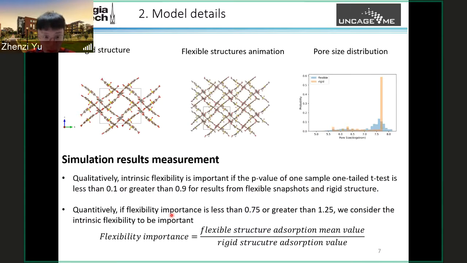And quantitatively, if the flexibility importance is less than 0.75 or greater than 1.25, we consider the intrinsic flexibility to be important. The flexibility importance is merely a ratio of the flexible structure adsorption mean volume divided by the rigid structure adsorption volume. So these are the two result measurements.